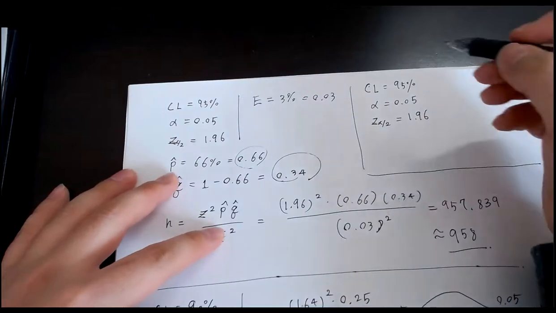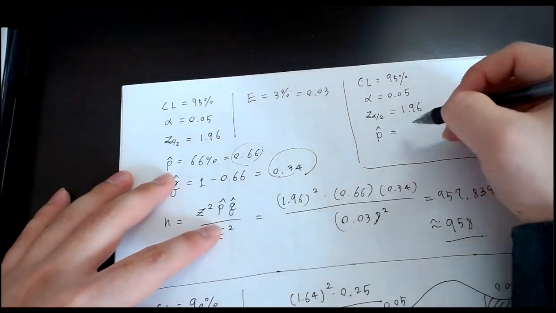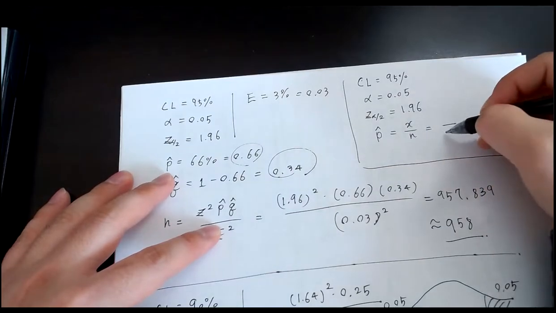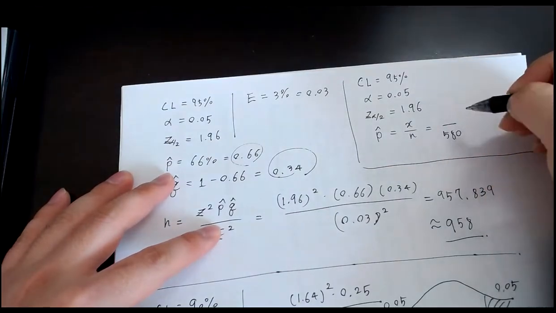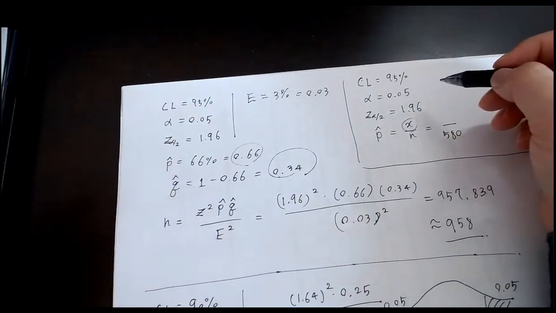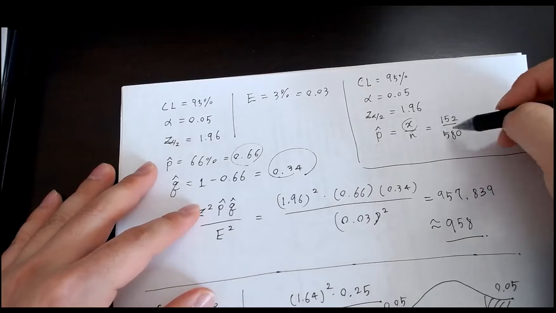Okay, so then p hat is going to be x over n, right? So the sample size is 580, right? And then x is the number of peas whose color is yellow, which is 152, right? Okay, that's the p hat.